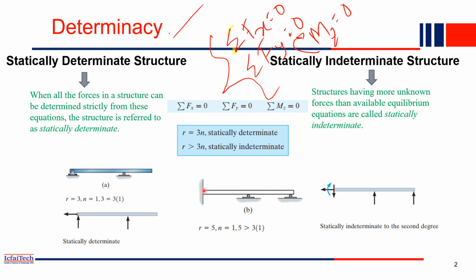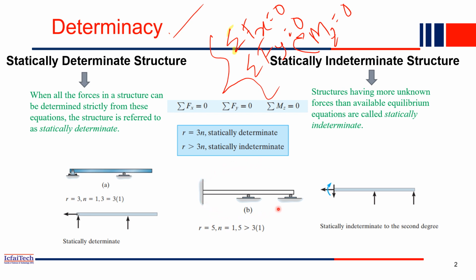What is our primary objective of this course? Our objective is to analyze the structure, in the sense that we determine the different internal forces of the structure after application of external loads. The next question is whether we can determine all the internal forces that develop after the external force application.